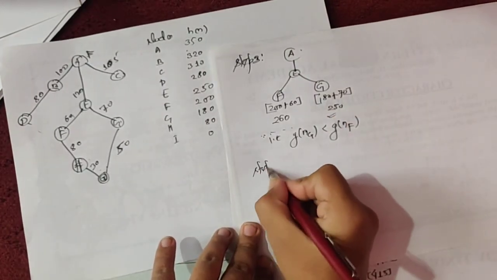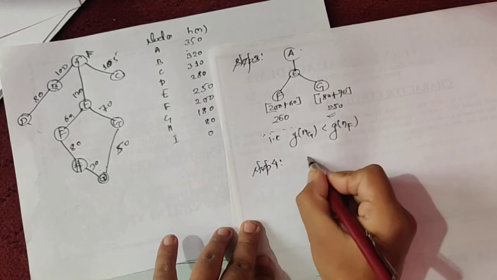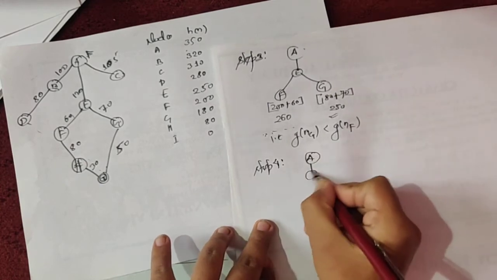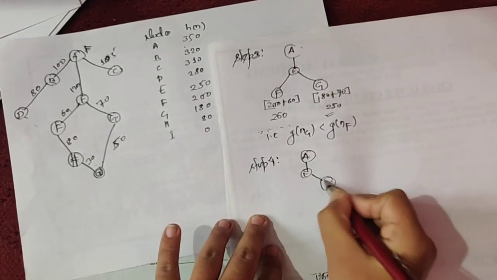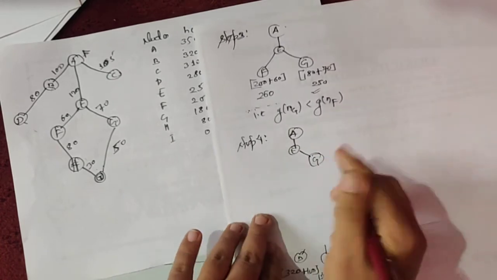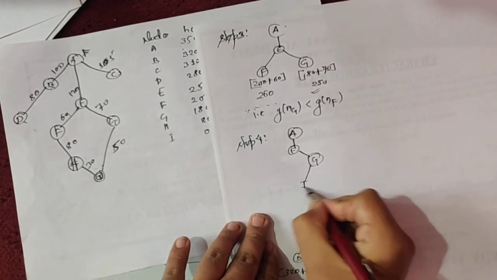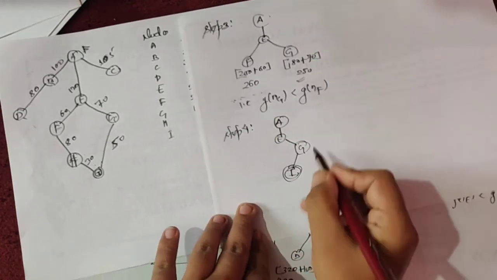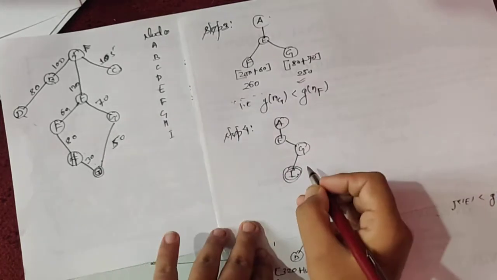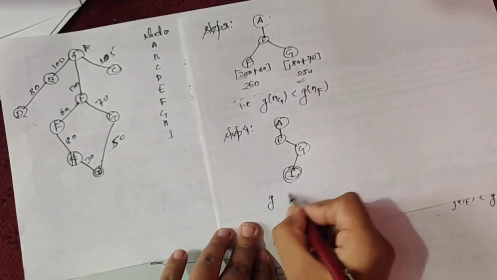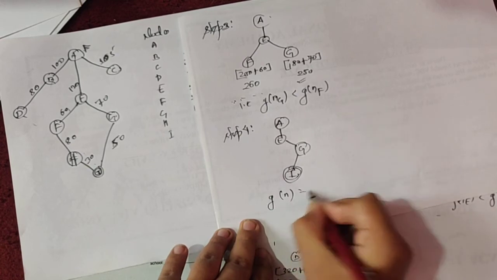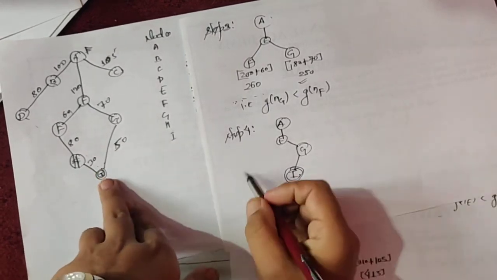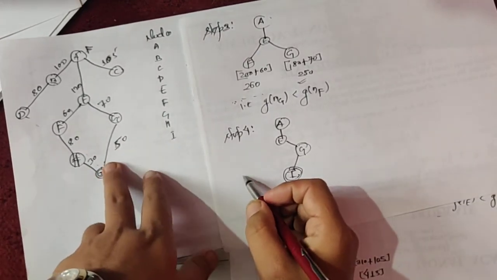That is step 4: A, E, G, and I. So we reach the goal node. What is the value of Gn of I?